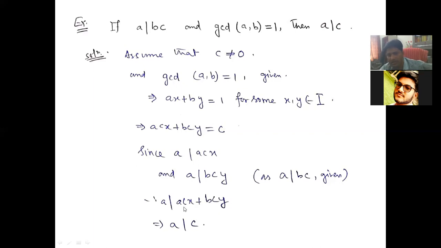ACX plus BCY is, you see here, it is C. This implies A divides C. So ठीक, यहाँ बस वो theorem यूज हो रहा है आपको, उसका वो मेन है कि GCD can be written as a linear combination of, जो भी जिसका GCD है, जो जितने नंबर के GCD हैं उन सबके linear combination with for some integers x, y dash, वहां से एक एक नंबर के साथ एक एक इंटीजर्स की प्रोडक्ट एंड देयर सम, इसे आप इस फॉर्म में लिख सकते हैं.